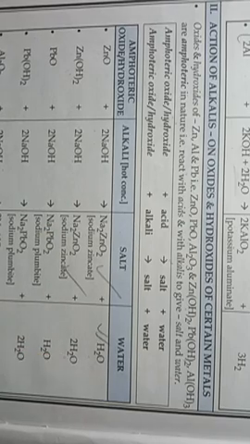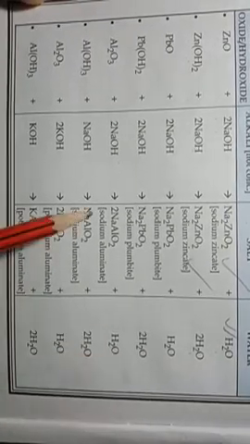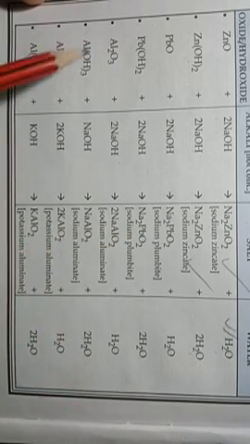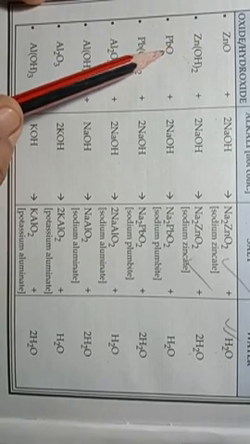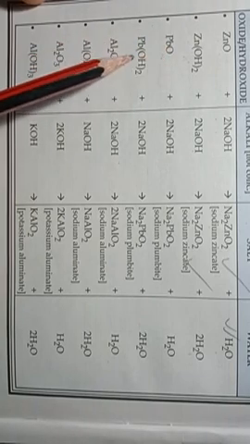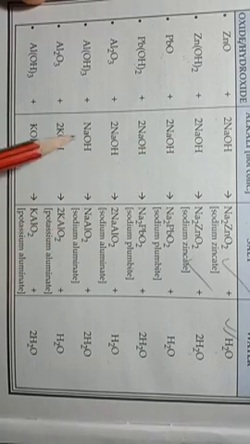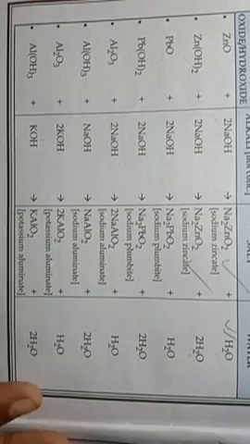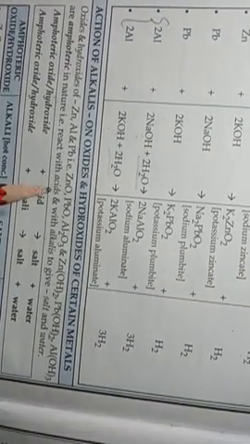Okay students, so these are the reactions in which a salt plus water is formed when an amphoteric oxide or hydroxide reacts with alkalis. So you have to learn all these reactions thoroughly, and especially the reaction of aluminium with alkali.